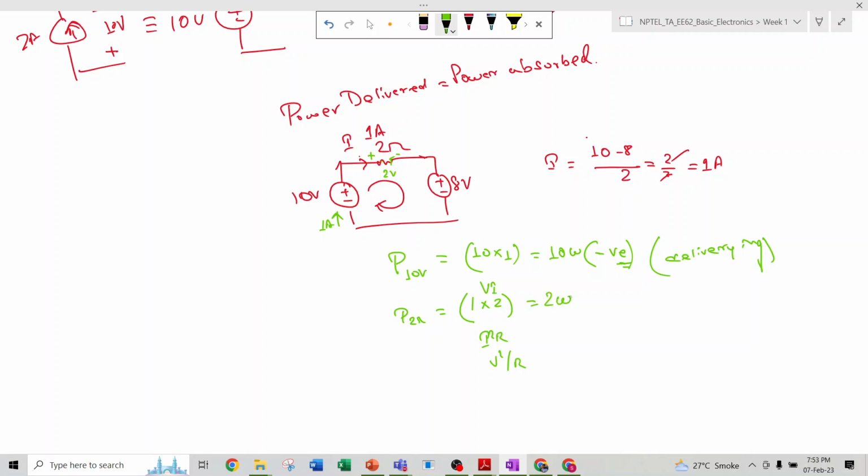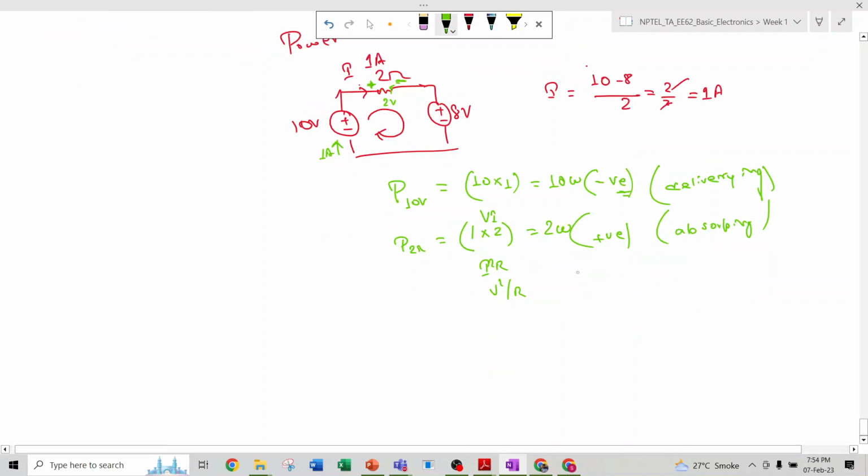Similarly, it will come 2 watt. This we consider positive because the current is flowing from positive terminal to negative terminal. In the 10 volt source it was flowing negative to positive, so we consider it negative, that is delivering power, and here it is absorbing the power.